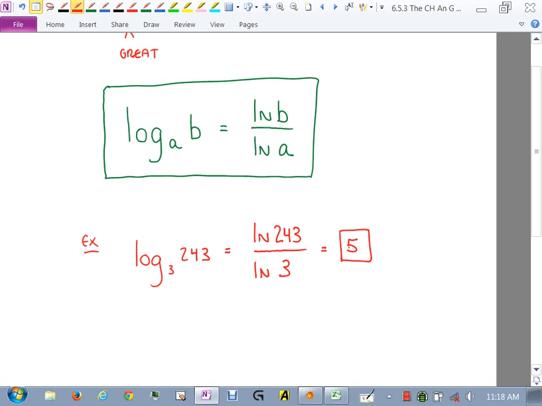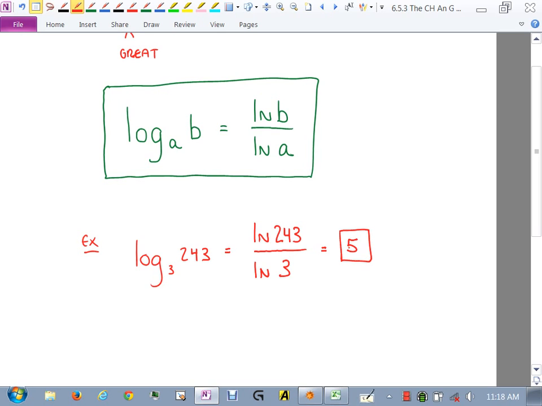You use the natural log key, ln. Type in, hit natural log, and it should put a parenthesis, put 243, close parenthesis, divided by natural log again of 3, and then close parenthesis, hit enter.